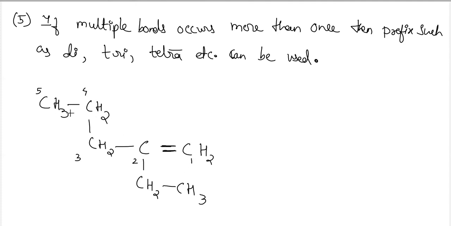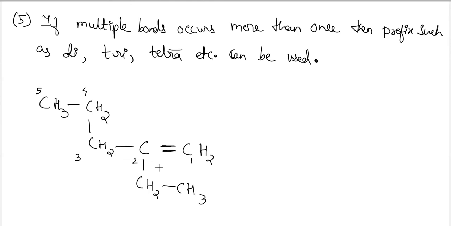Five carbon atoms, but that chain is not the longest chain. Due to the compulsory inclusion of the carbon atom containing the double bond, we have to consider the chain containing only the first five carbon atoms, not the chain containing six carbon atoms.